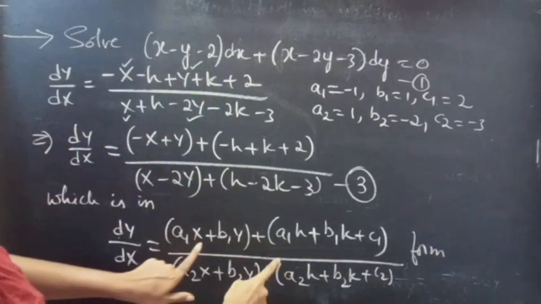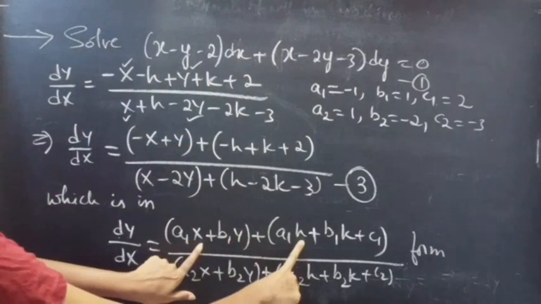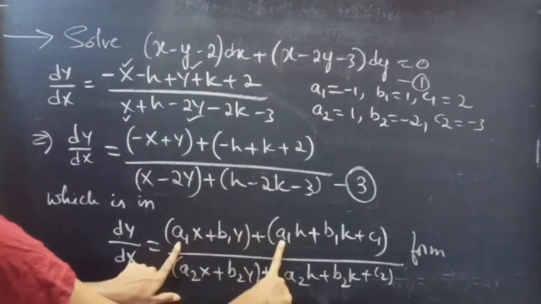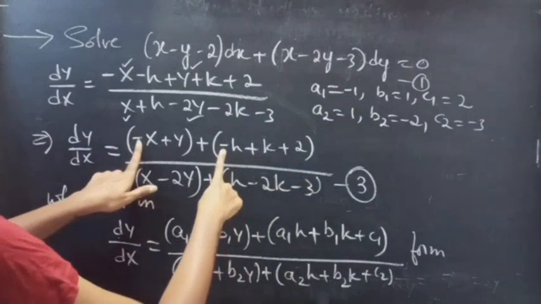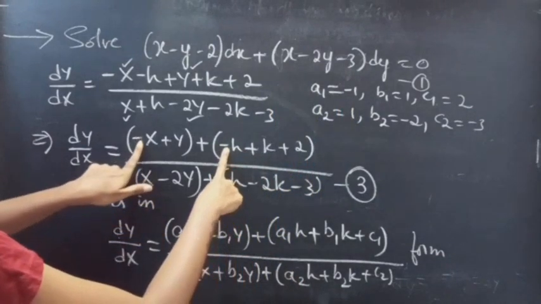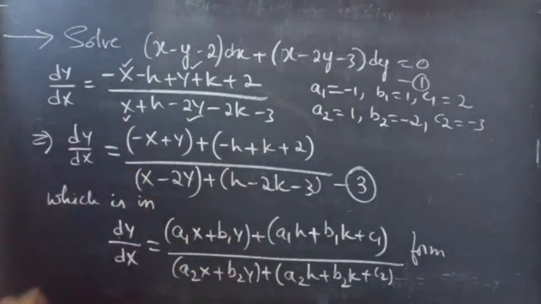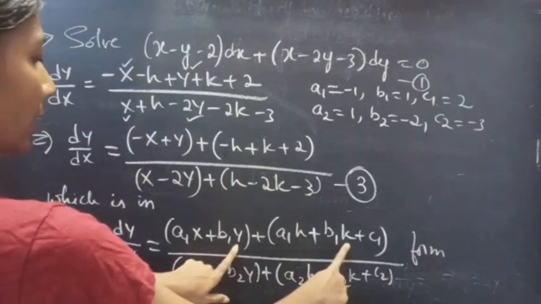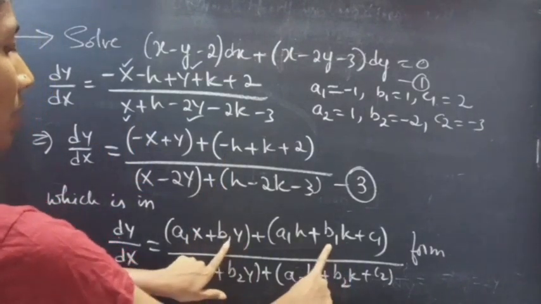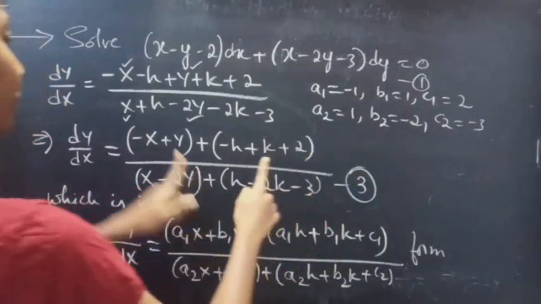See here, the coefficient of x and h is a1. What is a1? Minus 1. So you have minus 1 as the coefficient of x and h in the numerator. Now coming to y and k, the coefficient of y and k is b1, and b1 is 1.